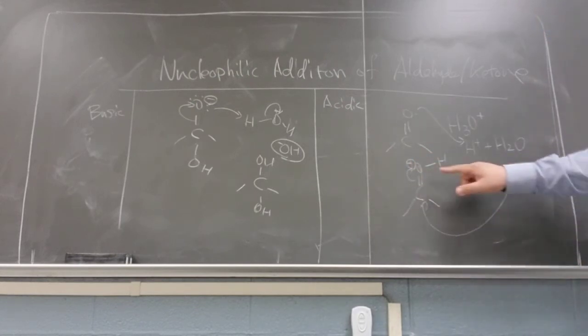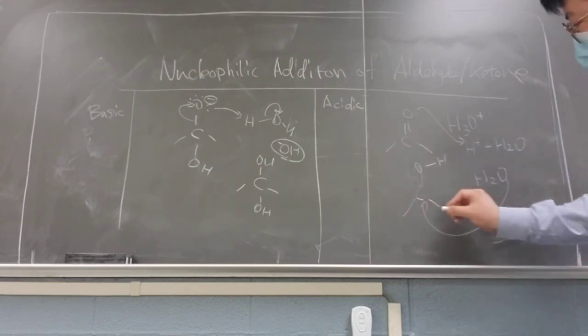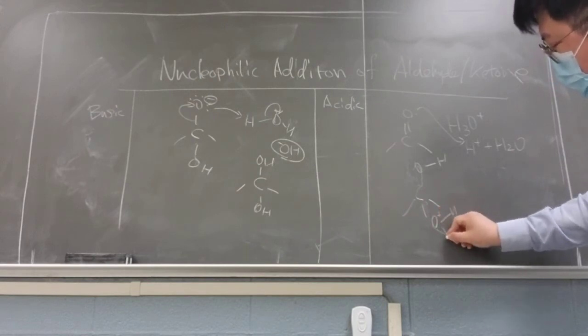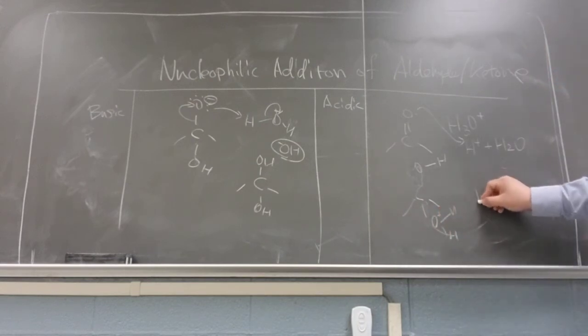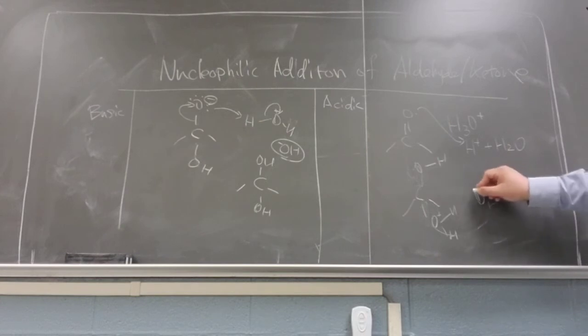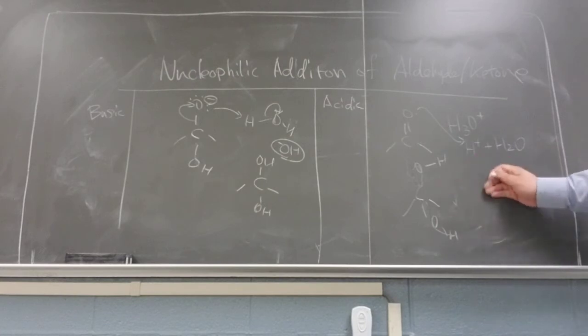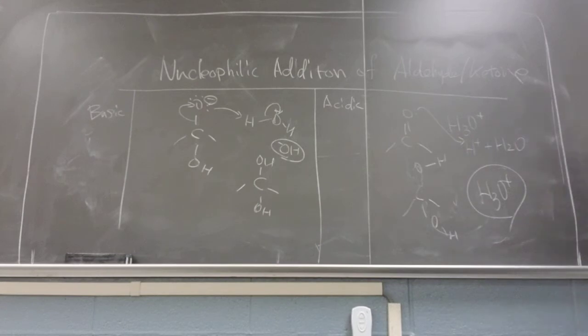Then this will become a hydroxy group, and you have water bound to it, which is positively charged once it donates the proton, and another water will grab that one. So they can be neutral, but this one hydrogen will be leaving, and the water will become hydrogen cation. So this is happening in acidic condition, making more of the hydrogen cation, or you can say hydrogen cation and water. So this is what you can do with acidic condition here.